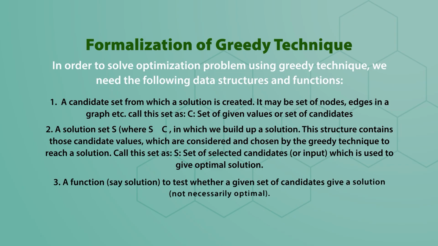Now, the third step, a function. We are calling these functions because these particular variables like solution, select, and feasible, we will be using in an algorithm. So, a function solution to test whether a given set of candidates gives a solution. At this point we are not testing whether the solution is optimal or not.